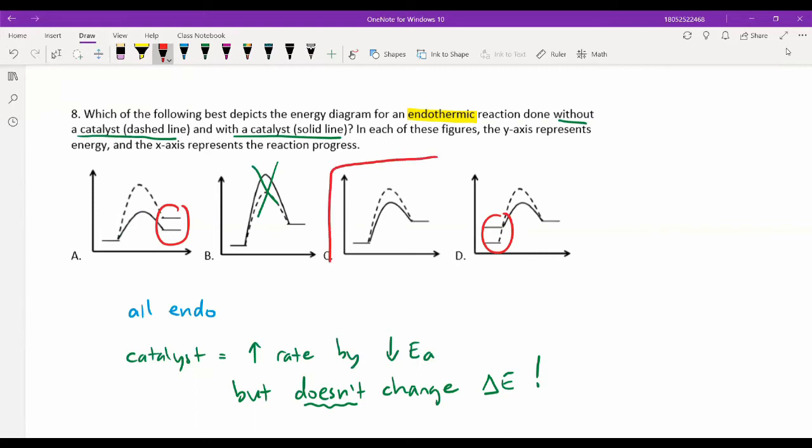That's not what actually happens. The reactants and products have to be the same. Okay, so that makes sense.